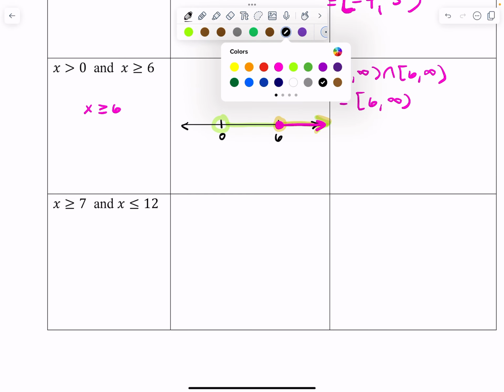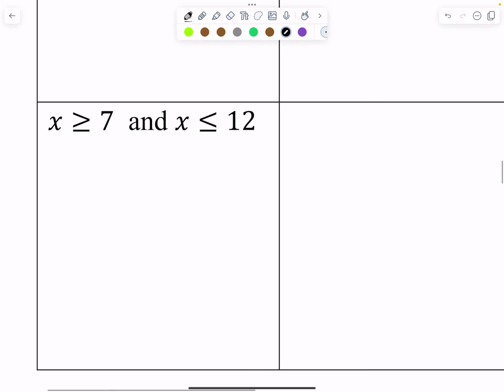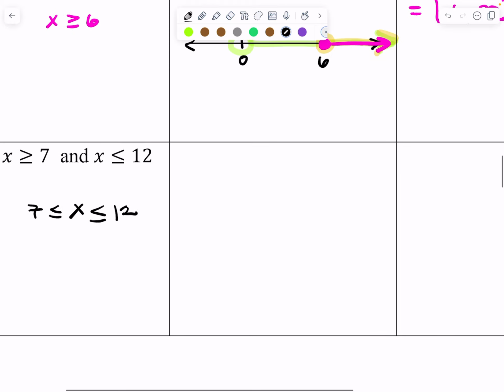Okay, and then this last one on this page, it's an and inequality. So we can write this as x is greater than or equal to 7 and less than or equal to 12. Representing on the number line, we'd have from 7 to 12.